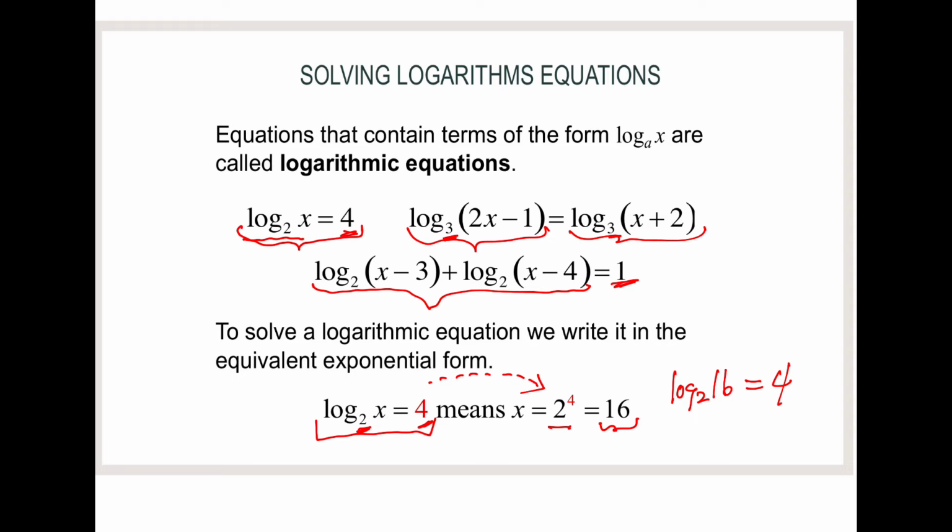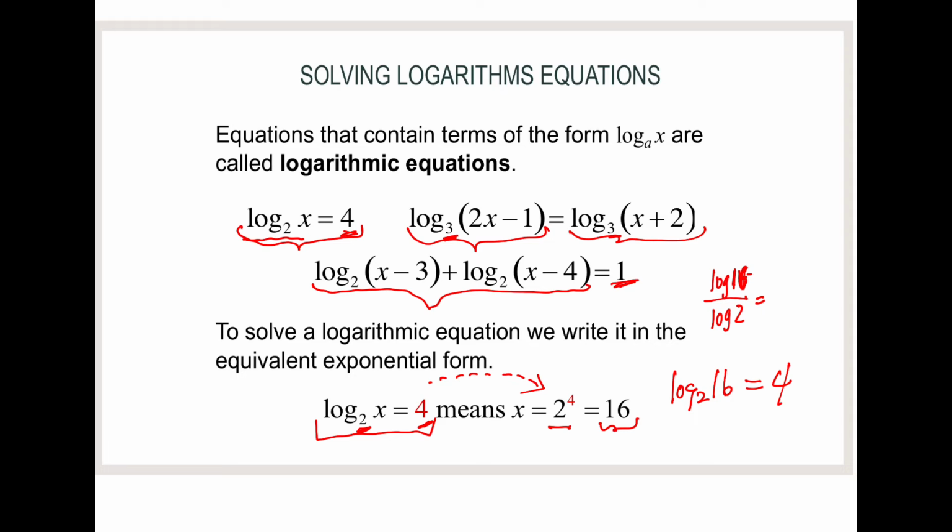Remember our change of base equation that we had. We can take the log of 16 divided by the log of my base 2, which should equal 4 in this case. You can check that out and see that it does work. The log of 16, and notice there's no base written, so we assume it's log base 10.